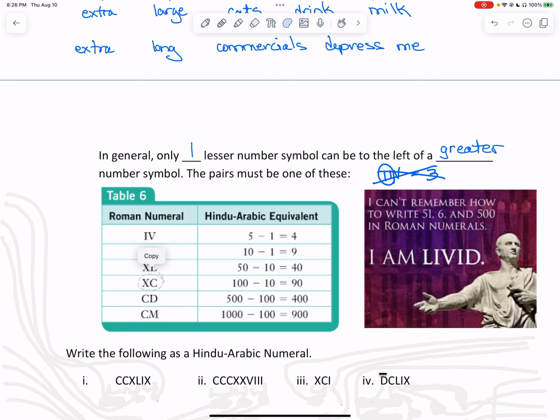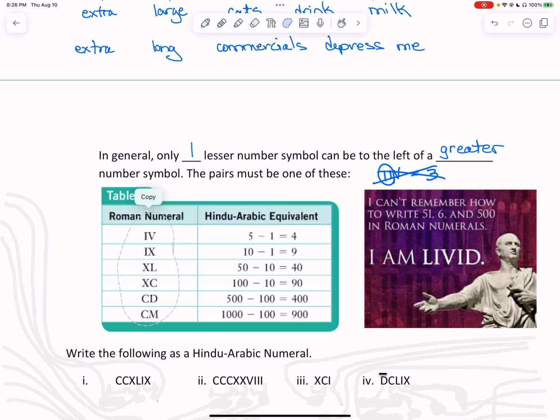And this one, we're going to take that X, that's 10. So we're going to take that 10 away from 100, so that's 90. The C is a century, so that's 100, and the D was 500, so we're going to subtract those. And also the C is smaller than the M, so that's 1,000 minus 100, so that's 900. So these guys you're going to want to memorize.